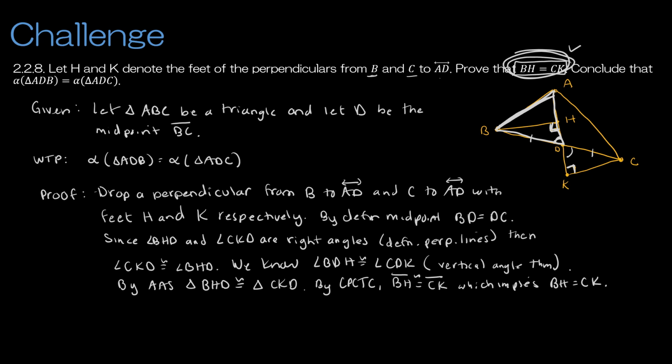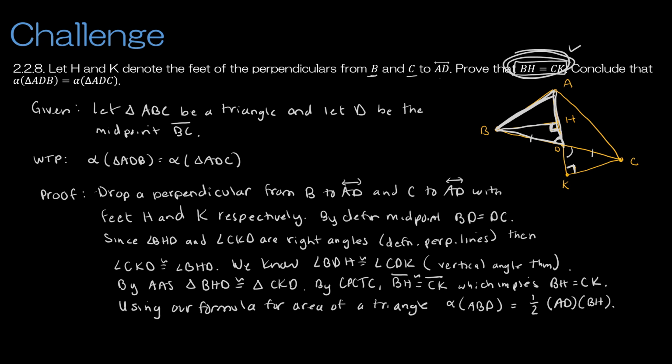Well, using our formula for area of a triangle, how am I going to find the area of triangle ABD, which is the one on the left? ABD is 1/2 base times height, which are of course perpendicular to one another. So the base and height have to be perpendicular. In that figure, the perpendicular lengths are AD and BH.